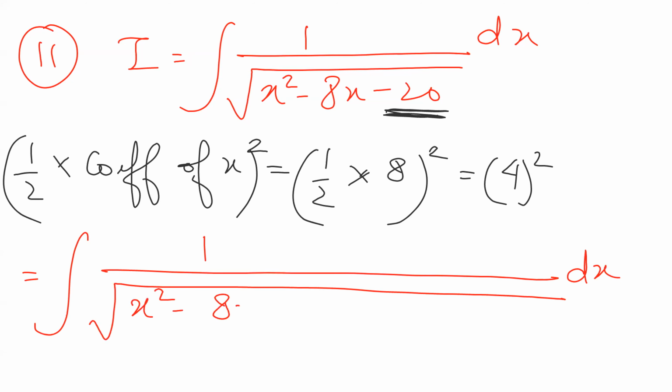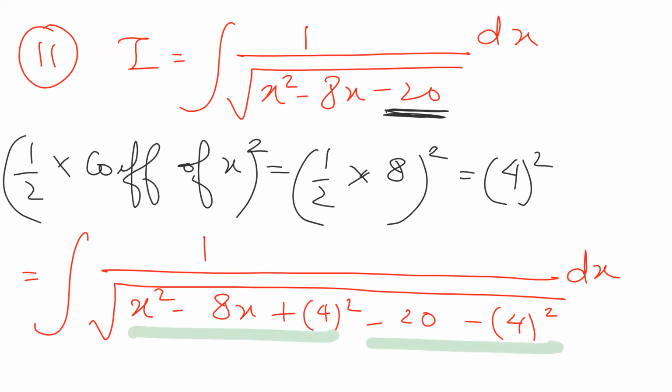So x square minus 8x plus 4 square minus 20 minus 4 square. Before the constant plus 4 square, after the constant minus 4 square. First 3 terms and last 2 terms. And while writing the next step, do not forget to write the root. The root should be entire.